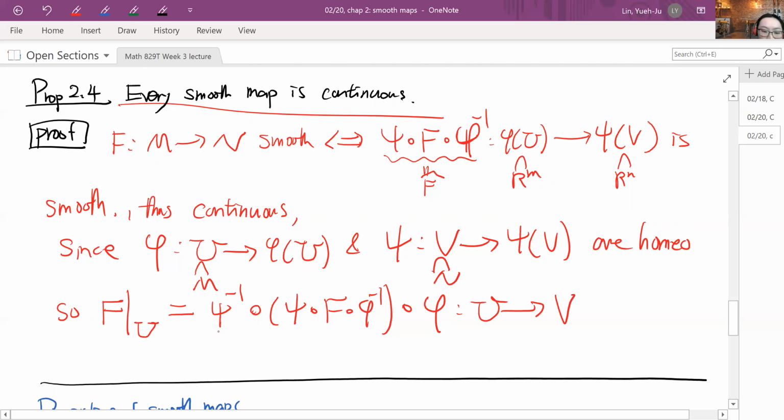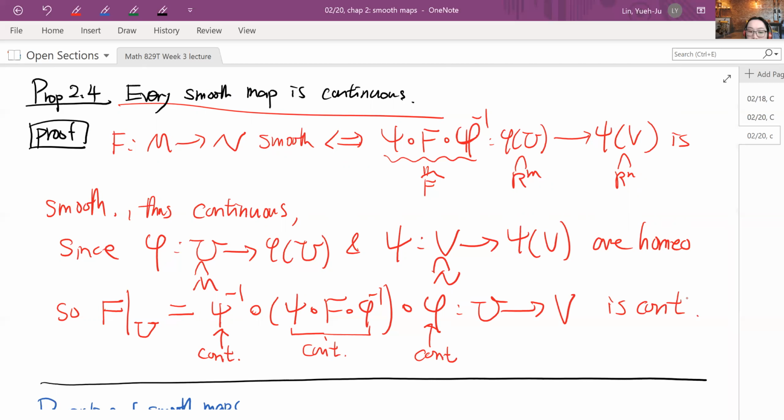So you can see that this psi inverse is continuous because psi is a homeomorphism. This is also continuous, we just said, as a function from R^m to R^n. This is continuous because it's a chart. So definitely a composition of three continuous maps is continuous.